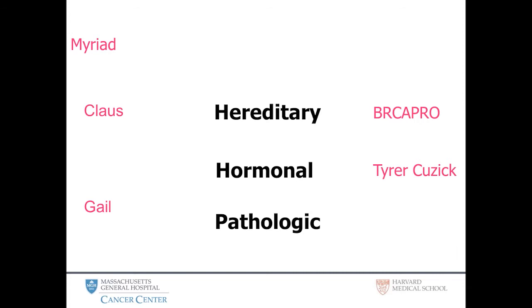Tyrer-Cuzick has recently had an update, so we have Tyrer-Cuzick 6, which was the former version, and Tyrer-Cuzick 7, which is the more recent version of that model. Tyrer-Cuzick is also now coming out with a new model that includes breast density. They've just published on this particular model, but it has not yet been validated and is not yet available for general use, but should be coming available relatively quickly.